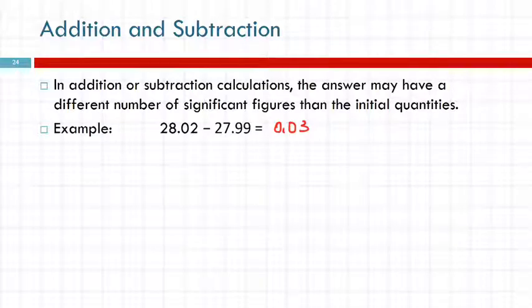We should count decimal places, right? So this one has 2 decimal places. This one has 2 decimal places, and so my answer should have 2 decimal places. So this time my calculator gave me the right rounded number. It only has 1 sig fig. It's okay. It's the difference between numbers, and so it can have a very small number of significant figures.